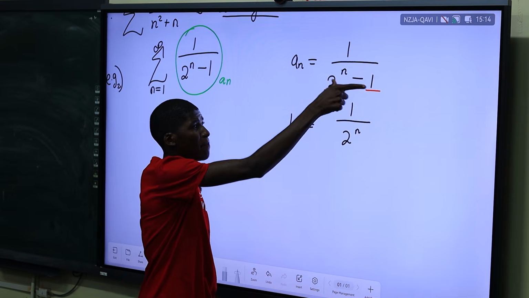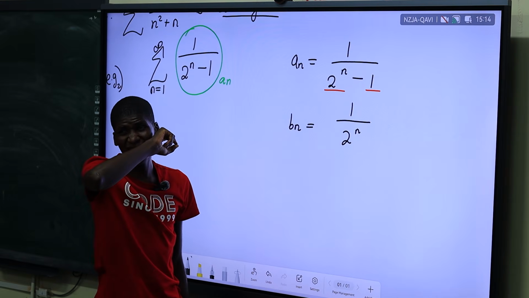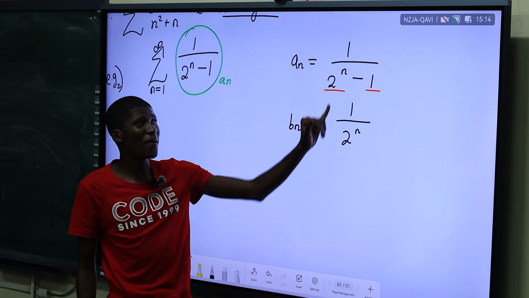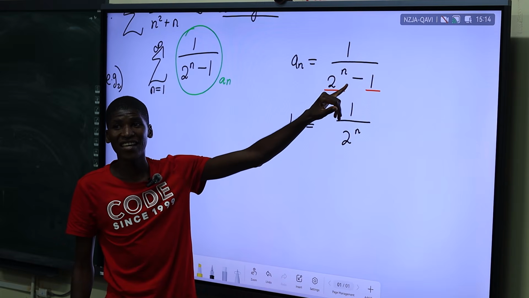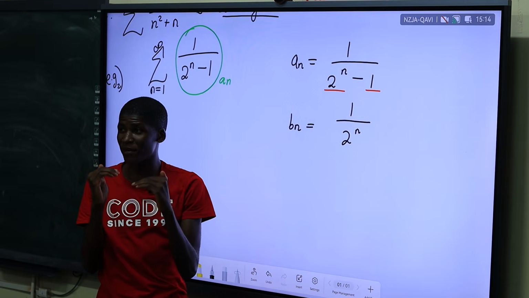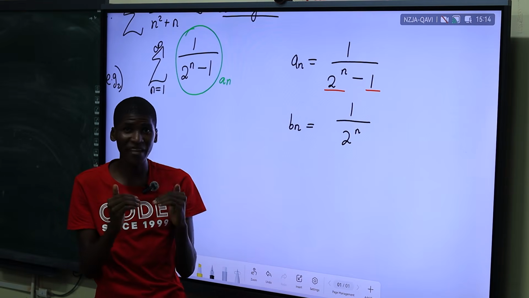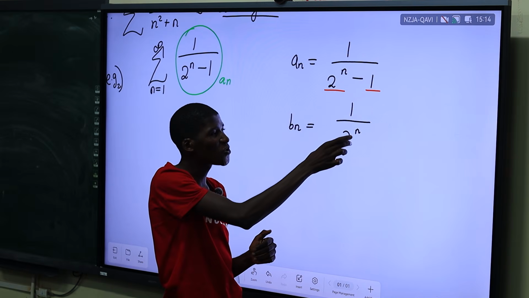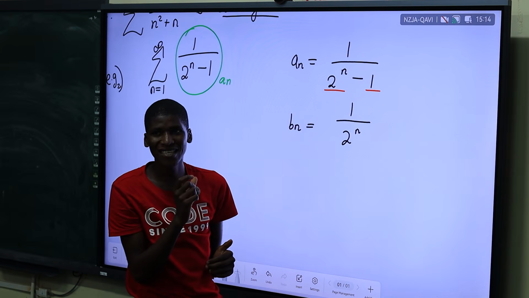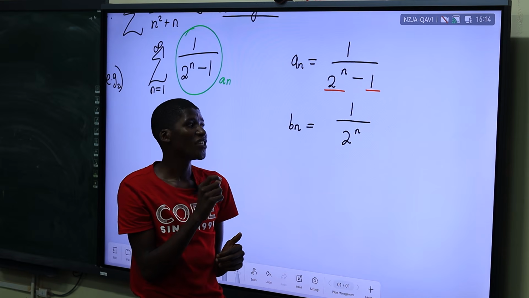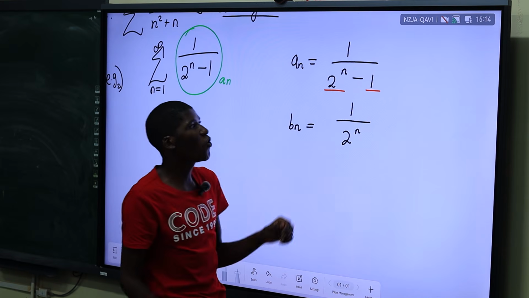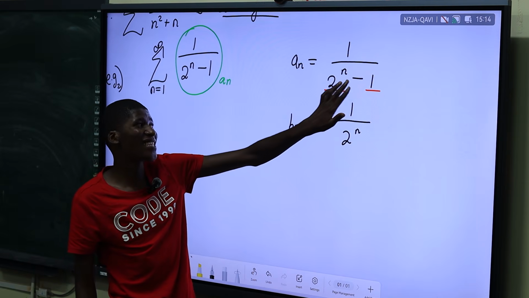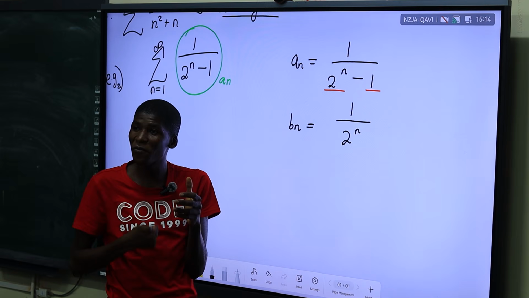2 to the power of n minus 1, you say. Really? So this one has the minus 1 again. Right? Okay, let's talk about the denominators only. Let's compare the denominators: 2 to the power of n minus 1 and 2 to the power of n, which one will always be greater? 2 to the power of n, right? So 2 to the power of n will always be greater than 2 to the power of n minus 1, because with the minus you are always removing a value.